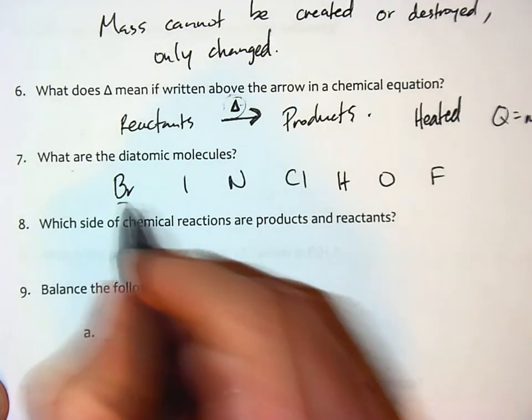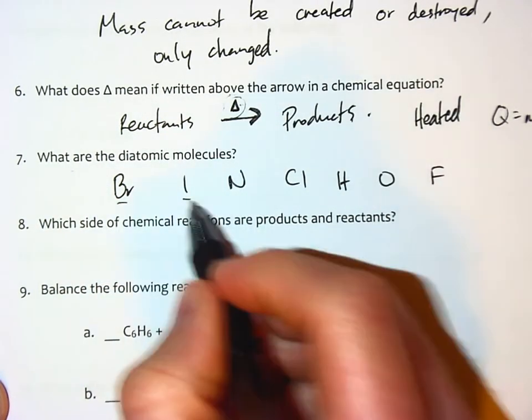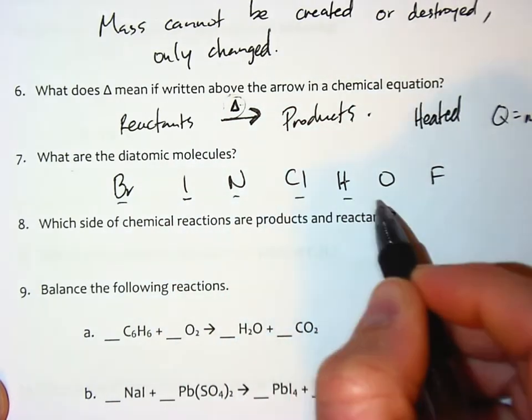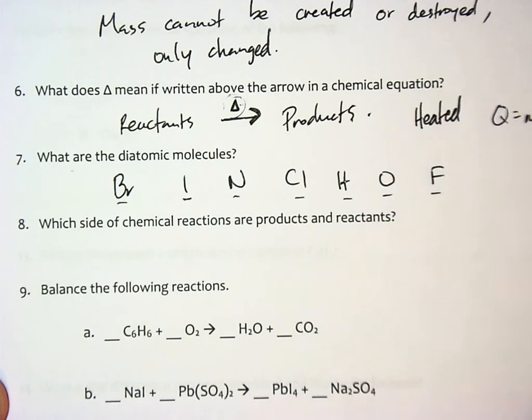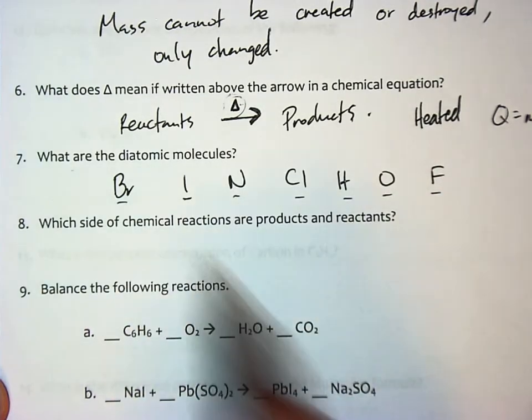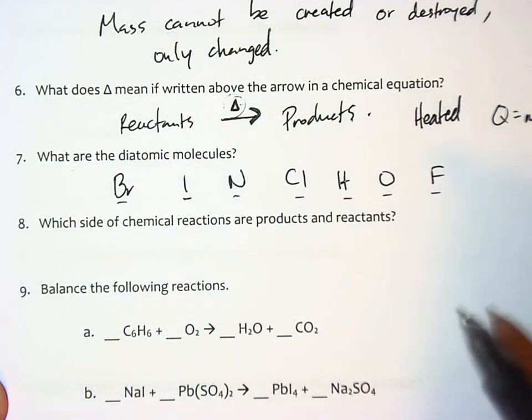Br, bromine, iodine, nitrogen, chlorine, hydrogen, oxygen, fluorine. Okay, the symbols all from the periodic table. All right, Brinkelhoff.